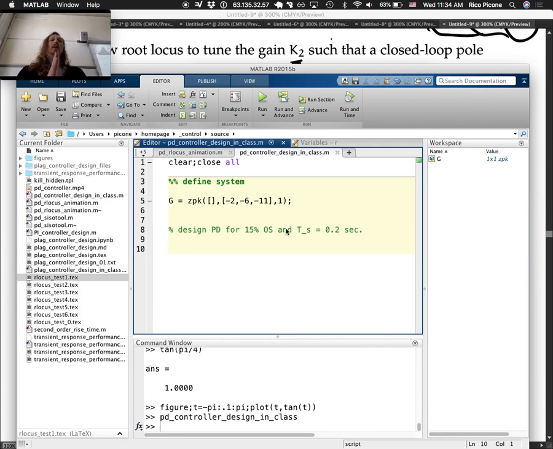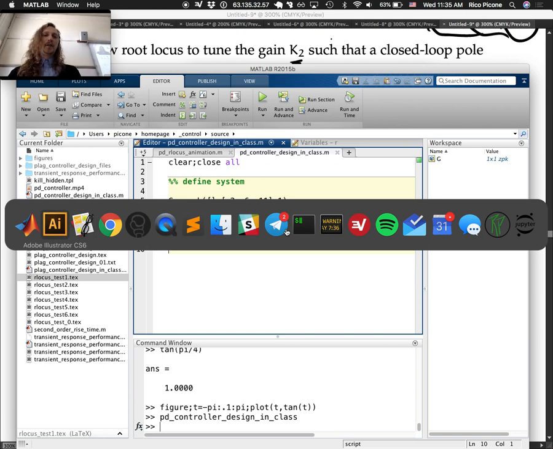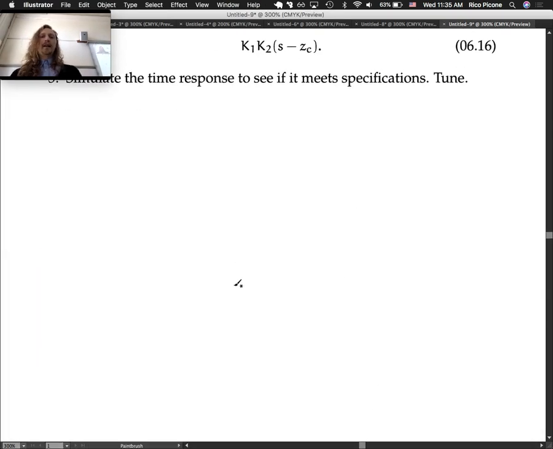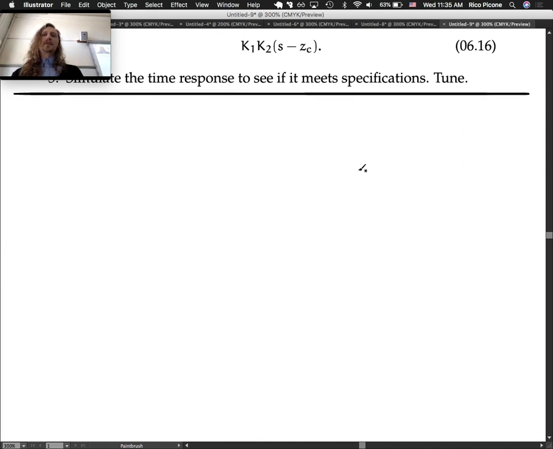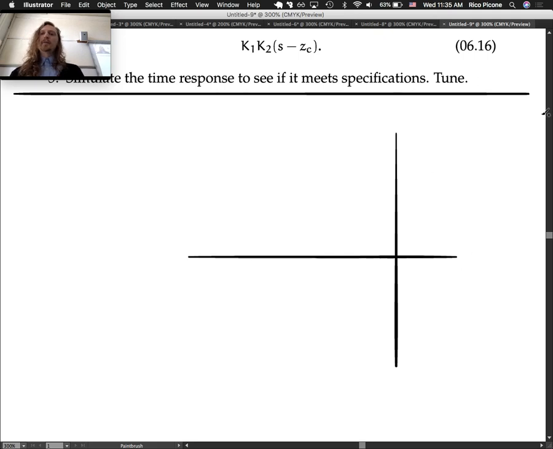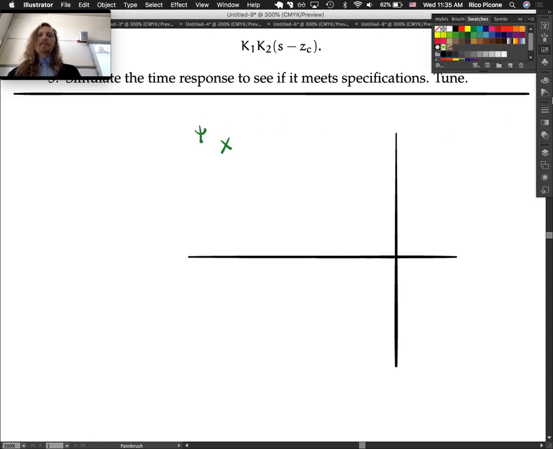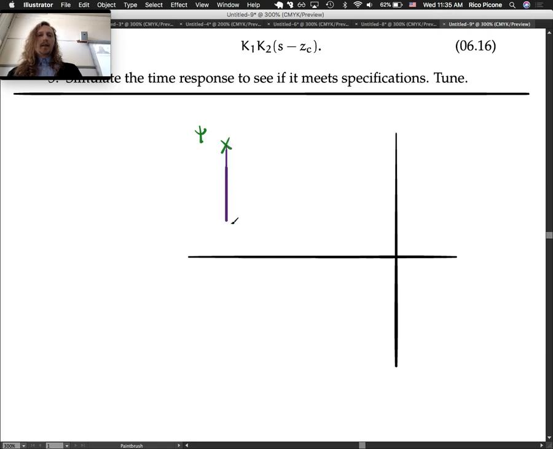Okay, so we're essentially looking at a triangle, right? We need to do this trigonometry. This is not related to the design procedure in general, but for this example, we want to place our psi at some real part, right?